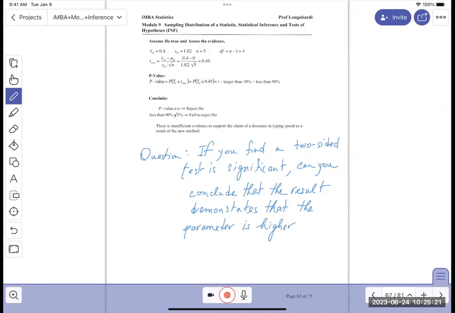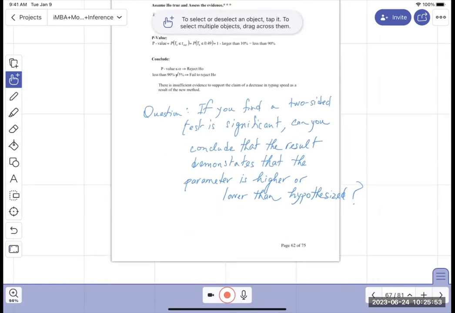Trying to make this as general as possible. So if you find a two-sided test is significant, can you then conclude that the result demonstrates that the parameter is higher or lower than hypothesized? So that's my question.